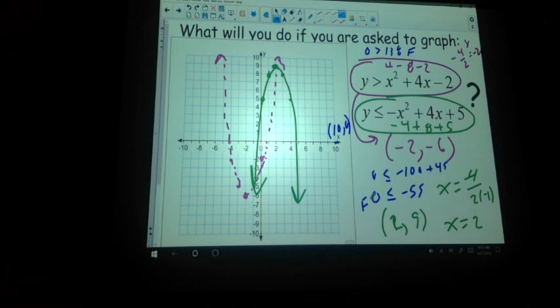So wait, do you just shade around that thing? Hang on. So we had false and false. So I'm shading inside the purple, and then I'm shading... no, I'm shading inside the green.